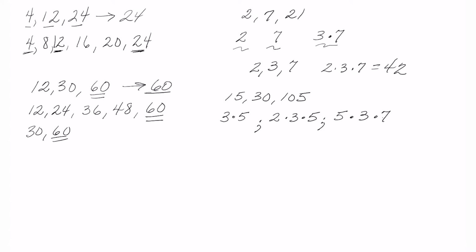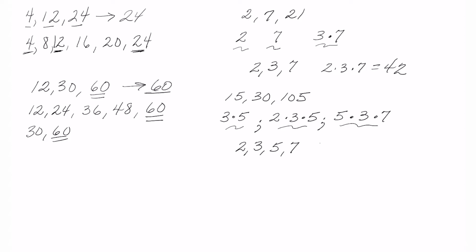Once again we're going to have all of these factors to the greatest number of times they're used in any one. So we're going to have a 2, a 3, a 5, and a 7.